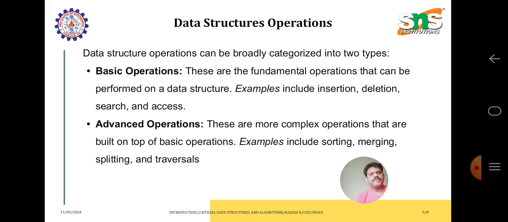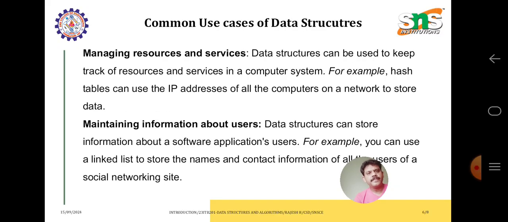Advanced operations are complex operations where we perform outstanding manipulations like sorting, merging, splitting the array, or other traversals. The normal traversal is a basic operation, but the various advanced traversals come under advanced operations.